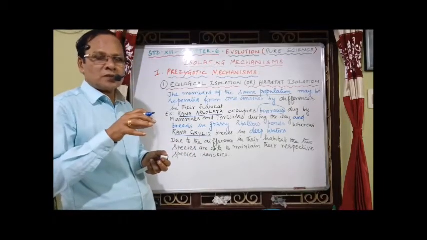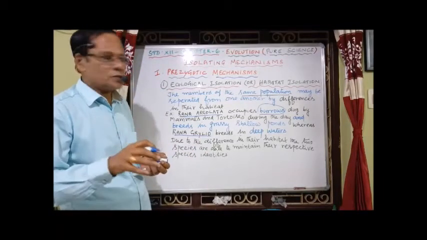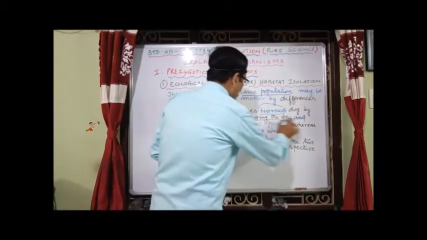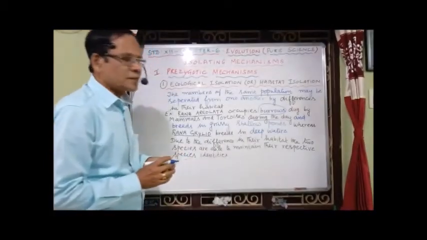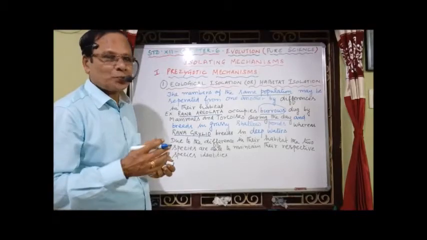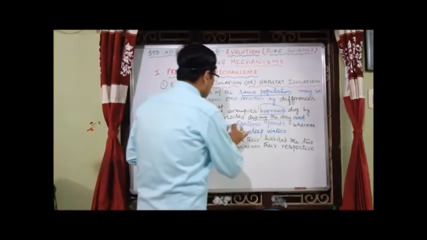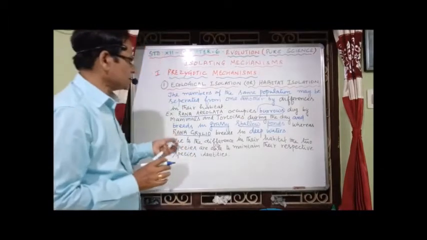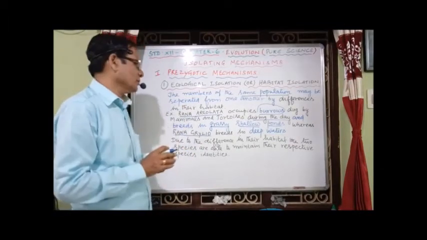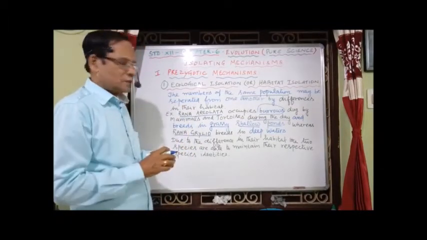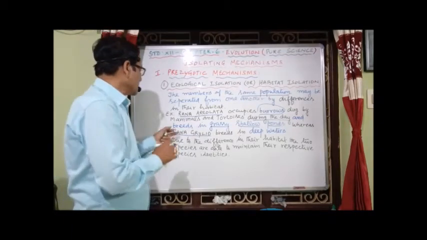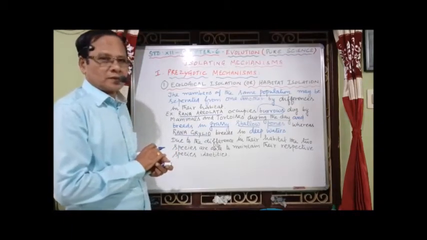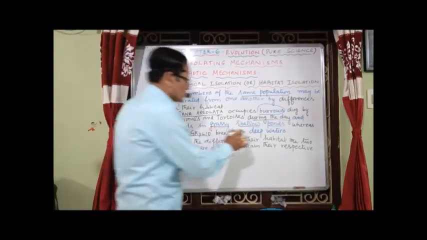So they normally rest during the day in the burrows, and breeding occurs in grassy, shallow ponds. Ponds with grasses are called grassy, shallow ponds. The depth is low. Taking the other species, Rana grylio, it breeds in deep waters.